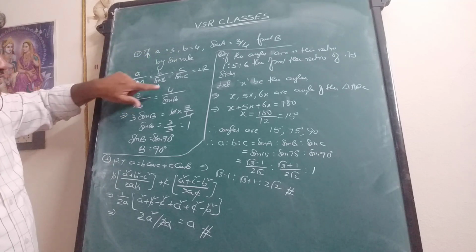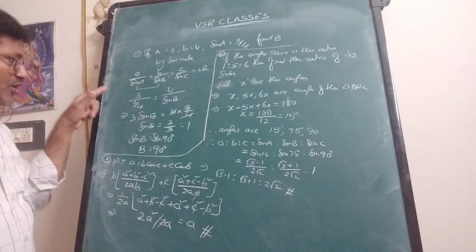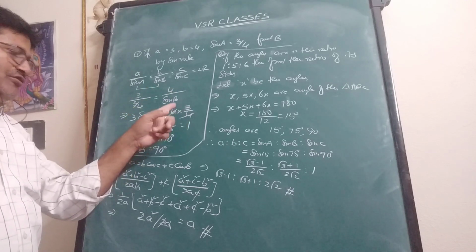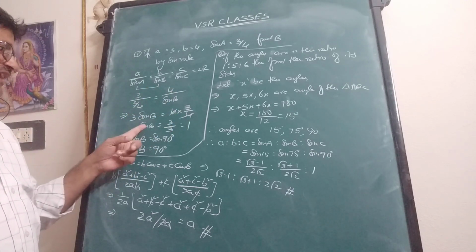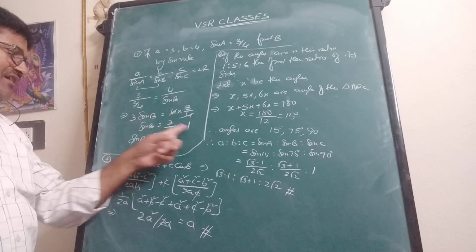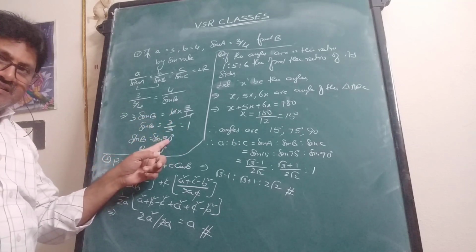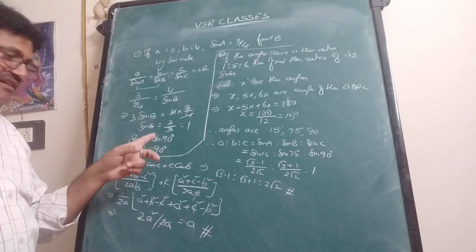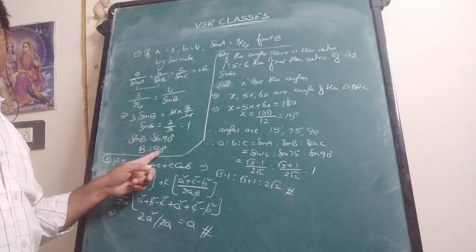So 3 by 3 by 4 is equal to 4 by sin B. Now by cross multiplication, 3 sin B is equal to 4 into 3 by 4. 4 will be cancelled there. And sin B I can write as 3 by 3, that is 1. Sin B is equal to sin 90. So sin at 90 degrees you will get 1. So B is equal to 90 degrees we got.